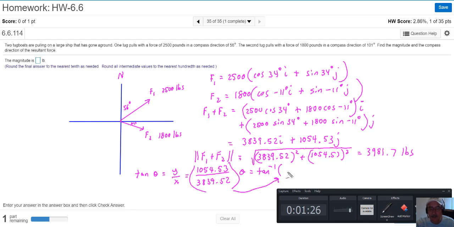Watch me get lazy. Let me pause here. All right, I ended up with the inverse tangent of y over x being about 15.36 degrees, and I could kind of see that out here. Let's put our two answers in and see how we did.